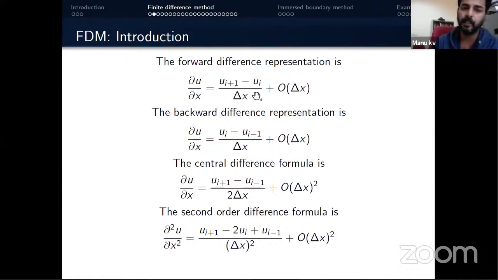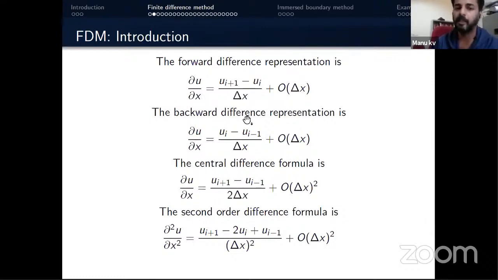In this case, we take the point on the right hand side of the desired point, the forward point, and calculate the gradient.